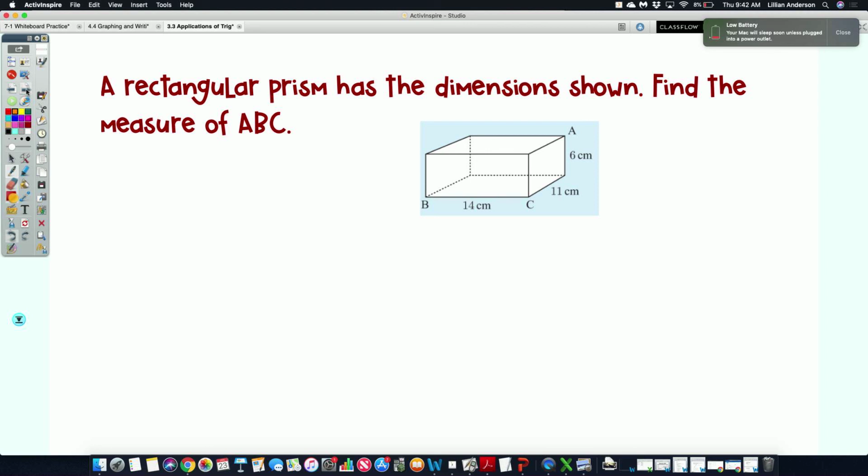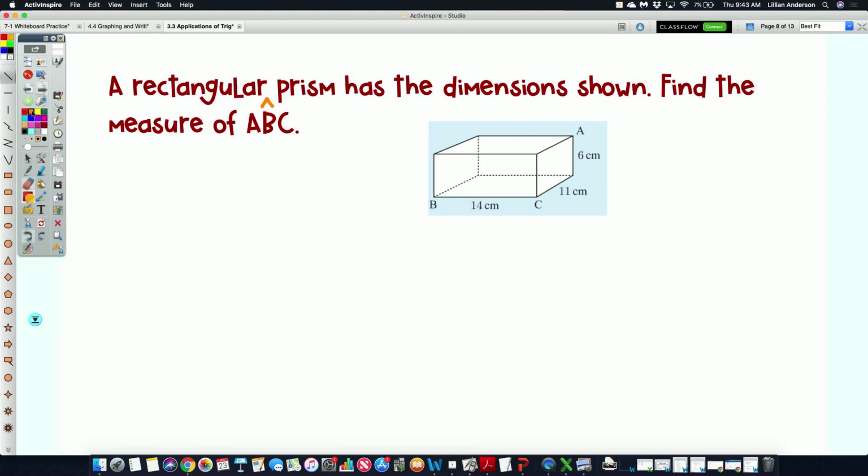If I'm trying to go from A to B, I'm creating different angles. So I'm trying to find the measure of angle ABC, that angle right there.